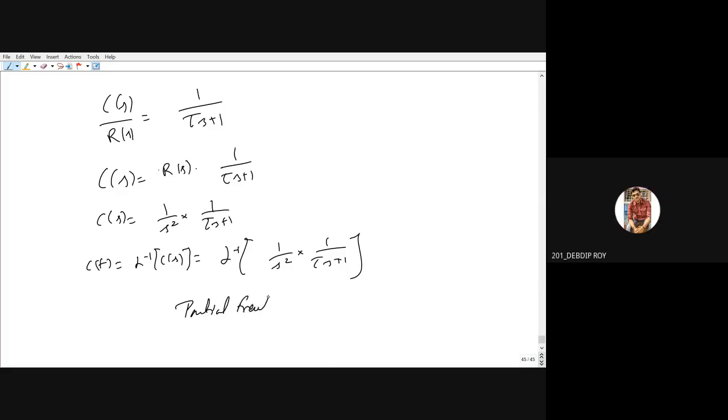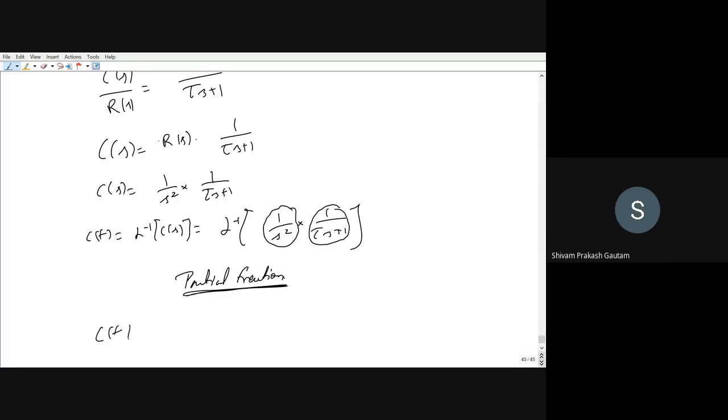So we will break it into partial fractions. You have to break it into this term and this term. After that, you can take the c of t, that is the inverse Laplace transform. So I'm directly writing the response. You can verify it later on.